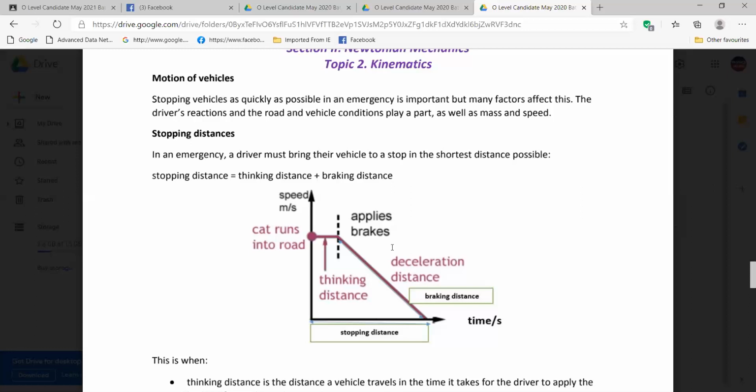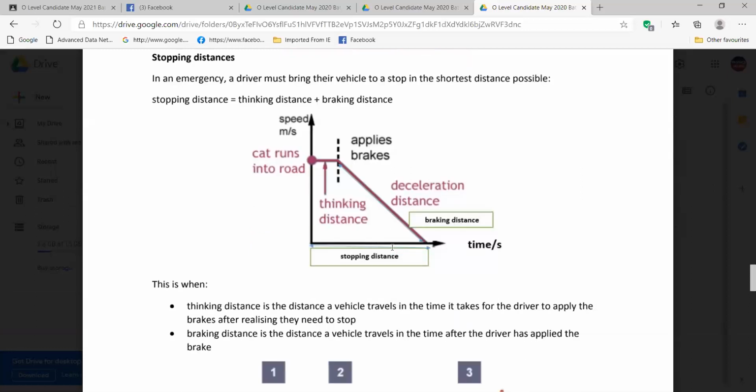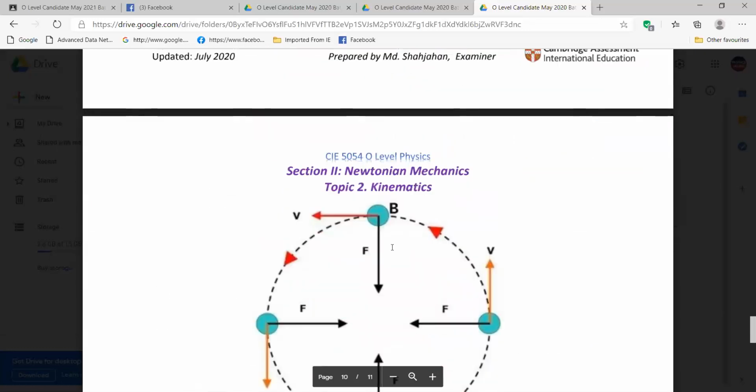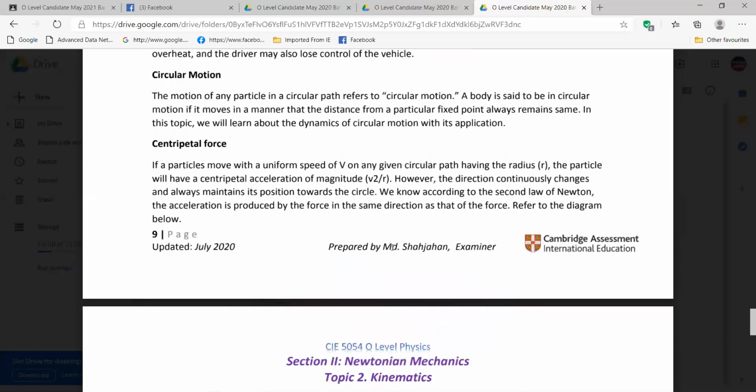Yes. Okay, if it is clear, then we will go to circular motion, that is centripetal force. Circular motion can be in planets.